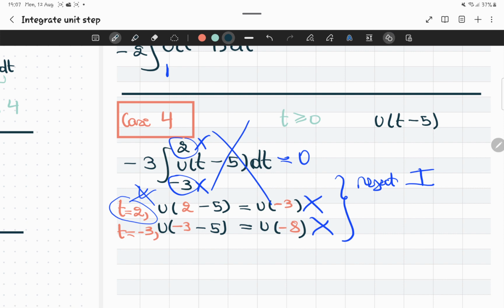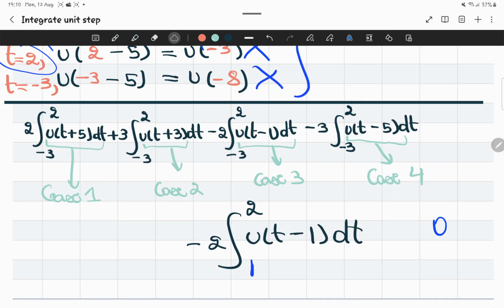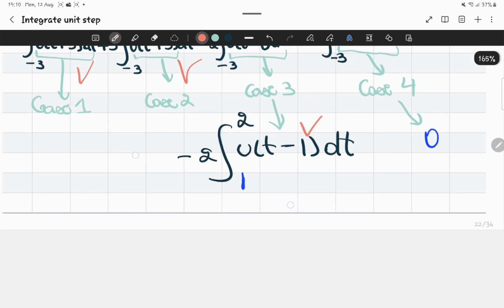Okay, so this is what we got: case 3 is valid, and case 4 equals 0, invalid. So these two are invalid, and this is what we got from this integral.